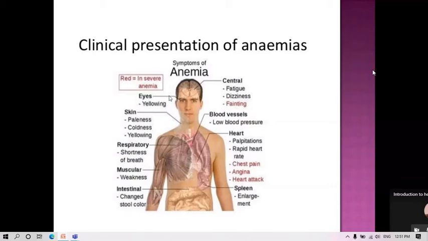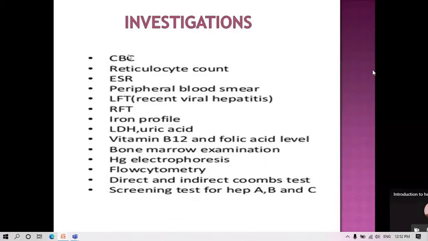So we move on to our next objective, that is baseline investigations. There is a long list of investigations, but you will not go for all of them in one go.